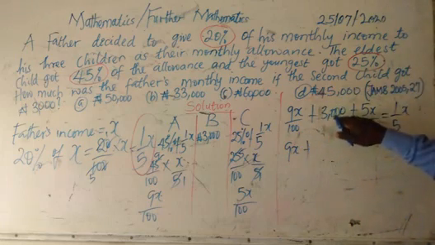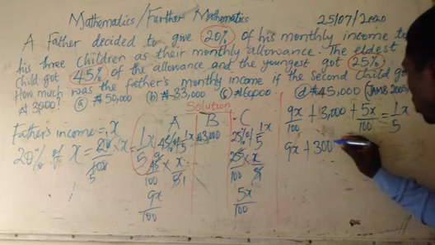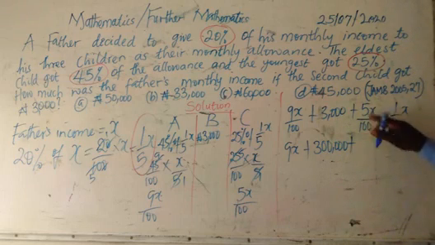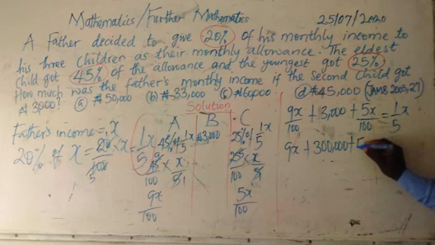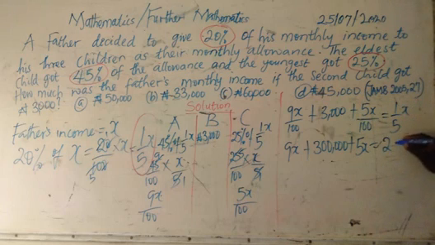Plus 100 times this will give us 300,000. Plus 100 times 5x over 100 will give us 5x, equal to 100 times 1 over 5x, or 100x over 5, which will be equal to 20x.